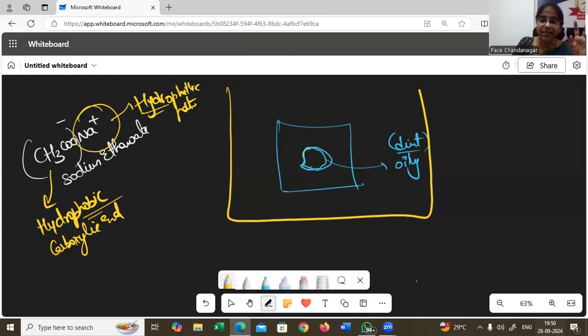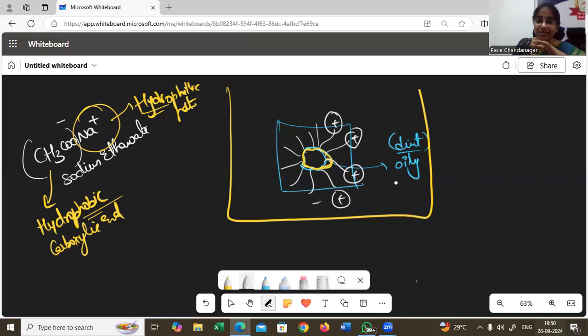So whenever there is dirt here, as this is my handkerchief with all this dirt, these salt particles get radially attached in this way. All the positive parts face away from the dirt, and all the negative ions are towards the oily part.